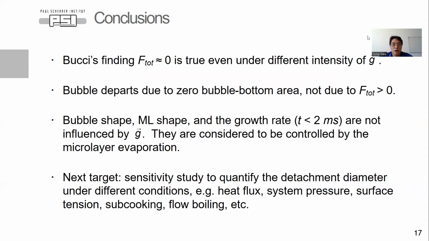And the bubble departs not due to F total being larger than zero. The bubble shape, micro layer shape, and the growth rate at the beginning are not influenced by the gravity force. They are more controlled by the micro layer evaporation.